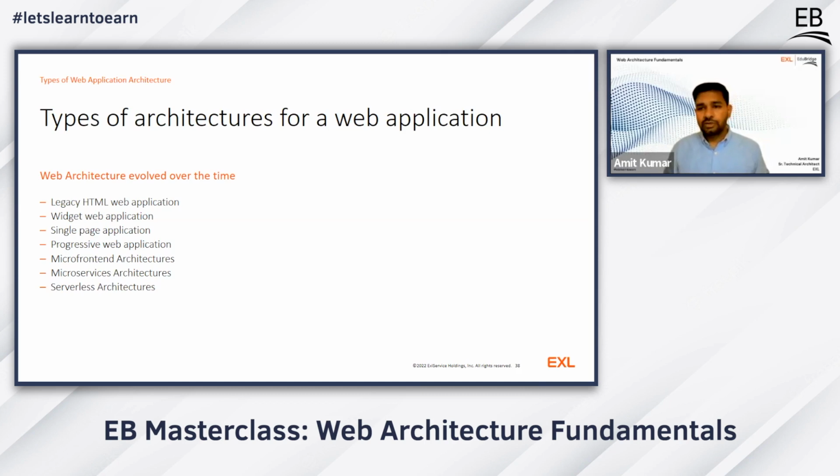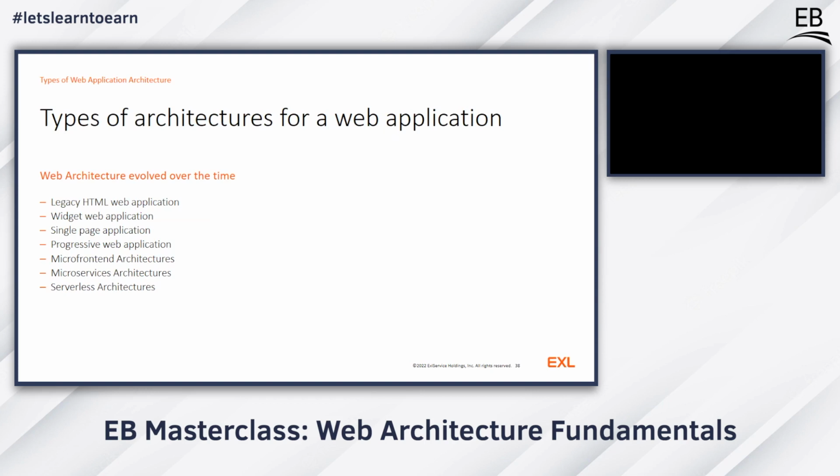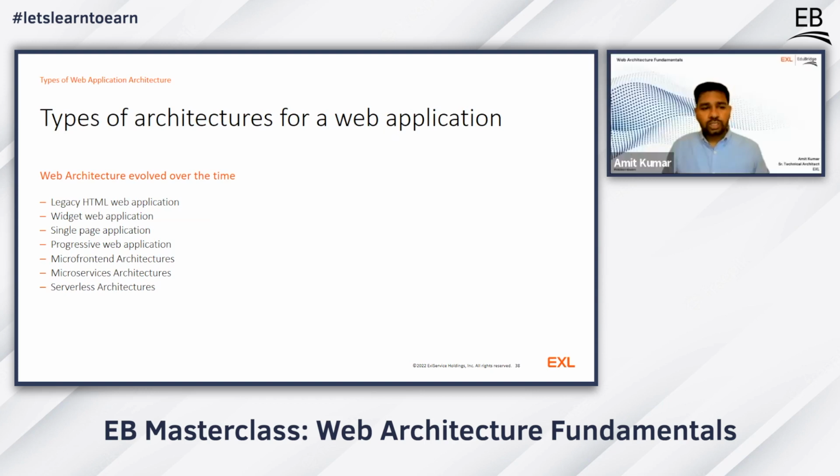If we introduce such features, we are talking about a progressive web application, and again they come with some additional technology. Micro frontend and microservice are a little bit complex, but those are extensions. Why did micro frontend and microservice come into the picture? Because nowadays everyone wants to deploy their application in the cloud, and they want to scale.